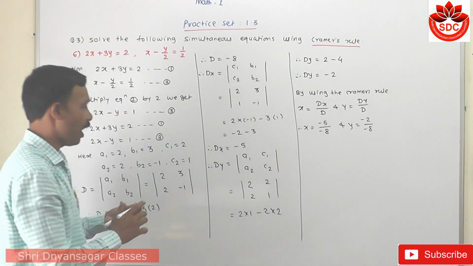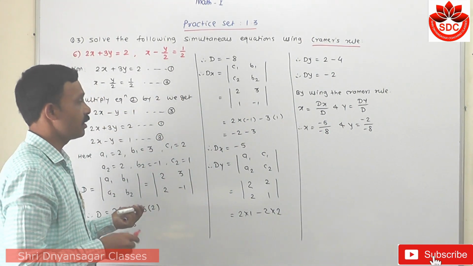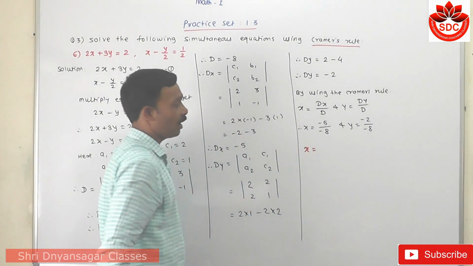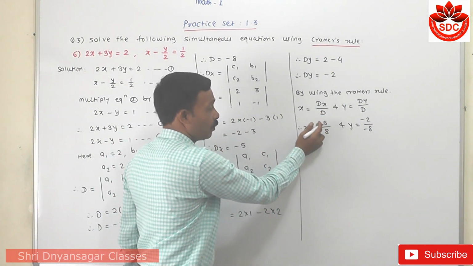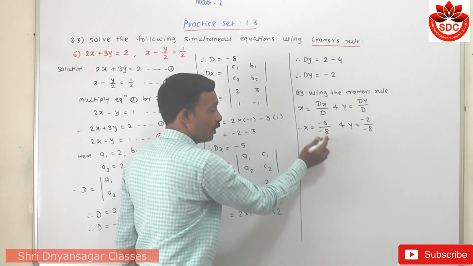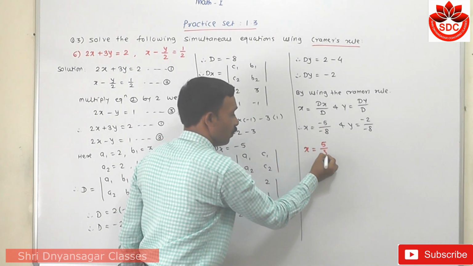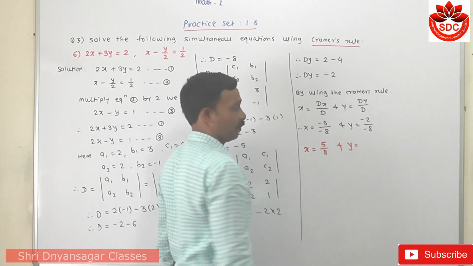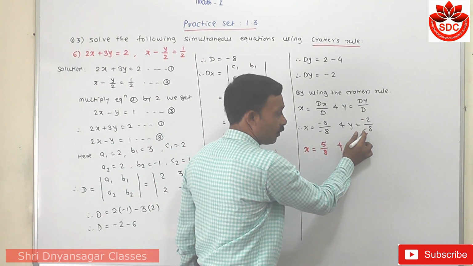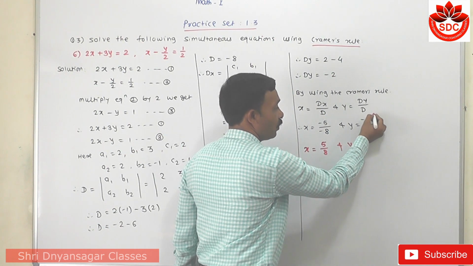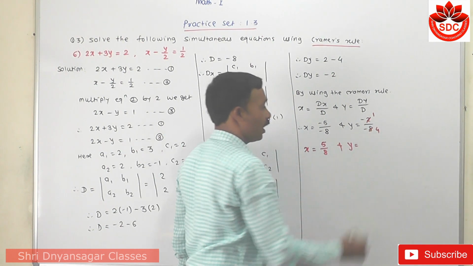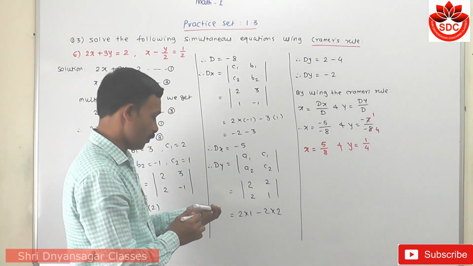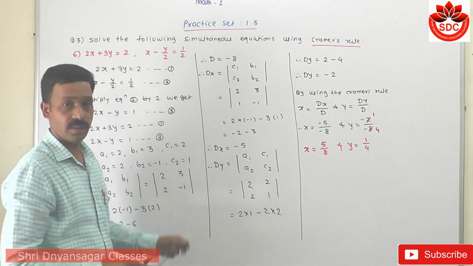We can simplify: minus minus converts as plus, so that x is equals to 5 upon 8 and y is equals to, minus minus converted as plus, 2 1s are 2, 2 4s are 8, so that the value of y is 1 upon 4.